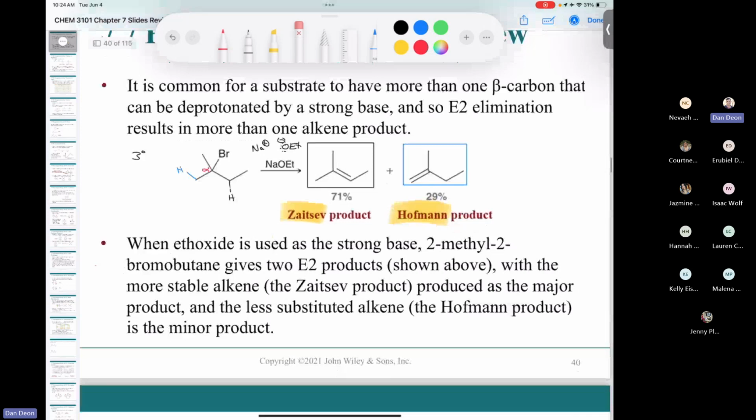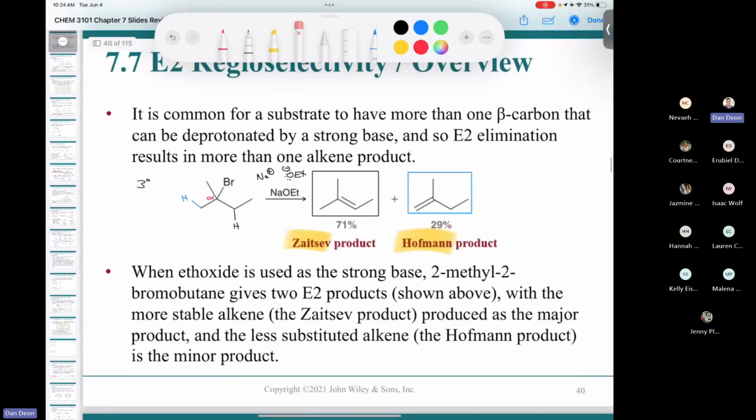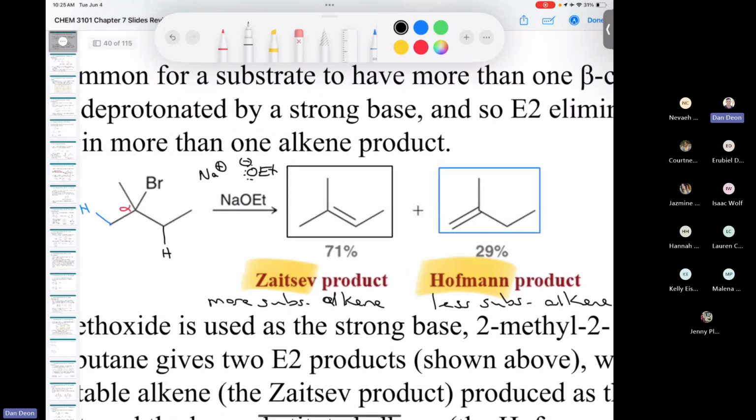If we look at those two, the more substituted alkene we call the Zaitsev product, and the less substituted alkene we call the Hofmann product. If you're unsure about the substitution, look at the two carbons in the double bond of the Zaitsev product.